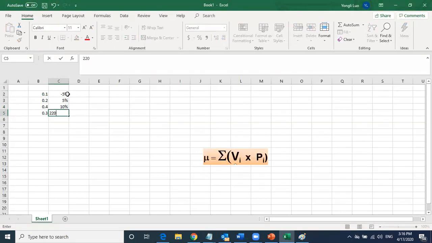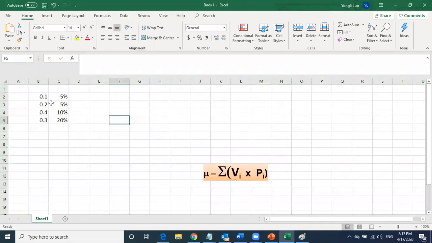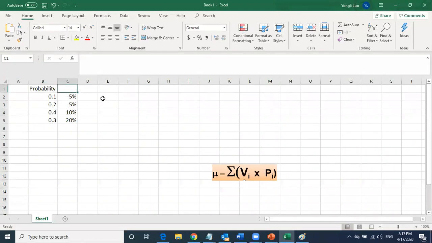So we have different scenarios. This is your probability, and this is your stock return. I would like to suggest that you use Excel.